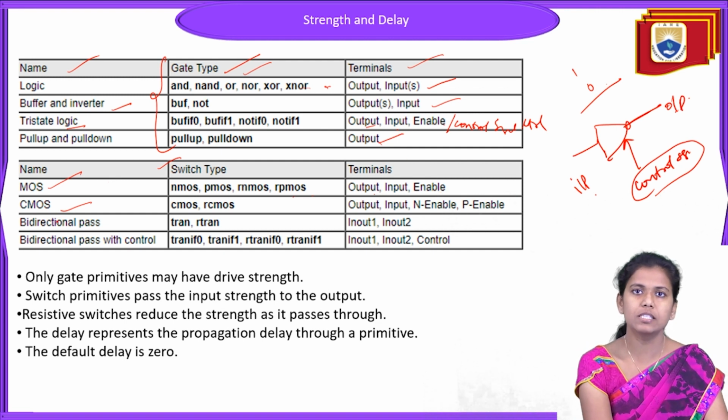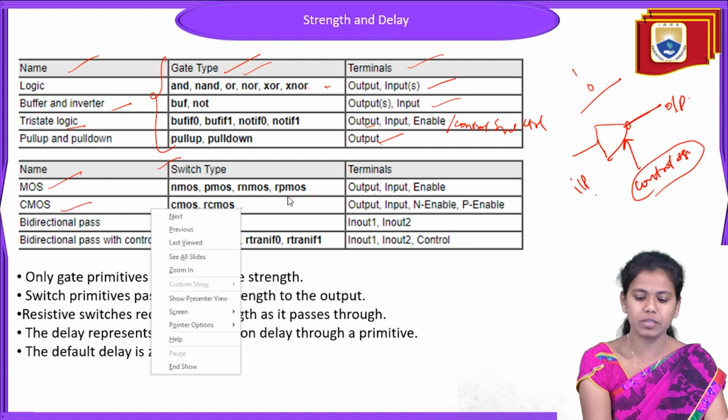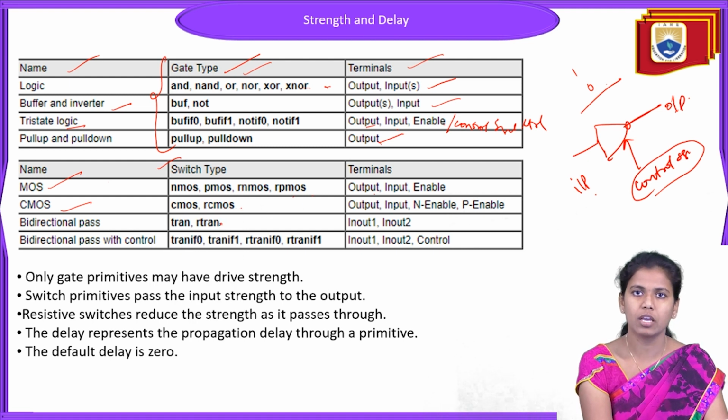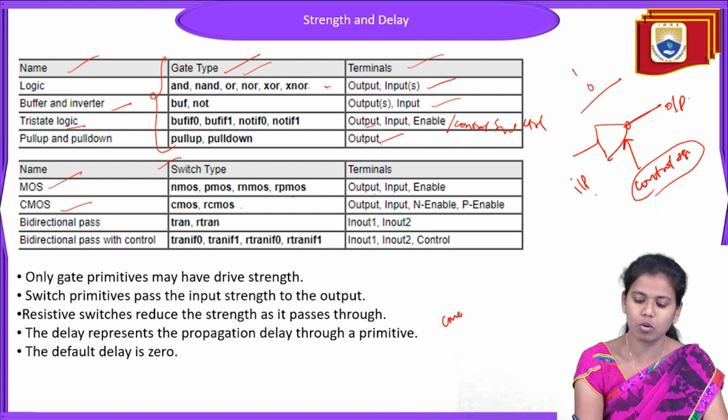When it goes with the CMOS switch, it is RCMOS. Usually the keyword that we represent is CMOS or RCMOS. If you are a designer considering any CMOS transistor, then your keyword must be CMOS, with strength and delay, the gate instance, and the terminal list.